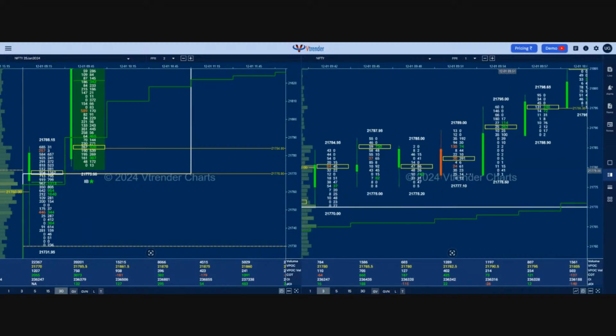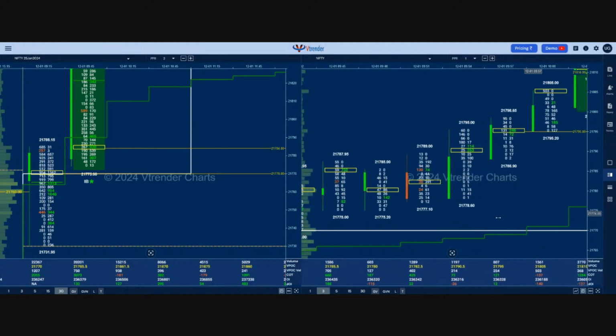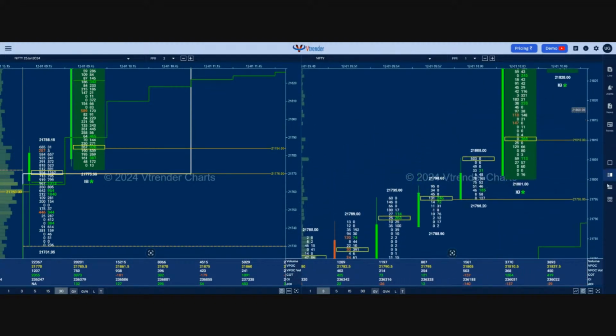So here you can see now this bar is closing above this 785. This is giving you confidence that the buyers are stepping up the pressure. Here again we have zeros on the buy side, so we'll still be a little bit apprehensive, more so because we have not gotten an IB bar still. So we wait for the IB bar and we get that first IB bar at 10:03.